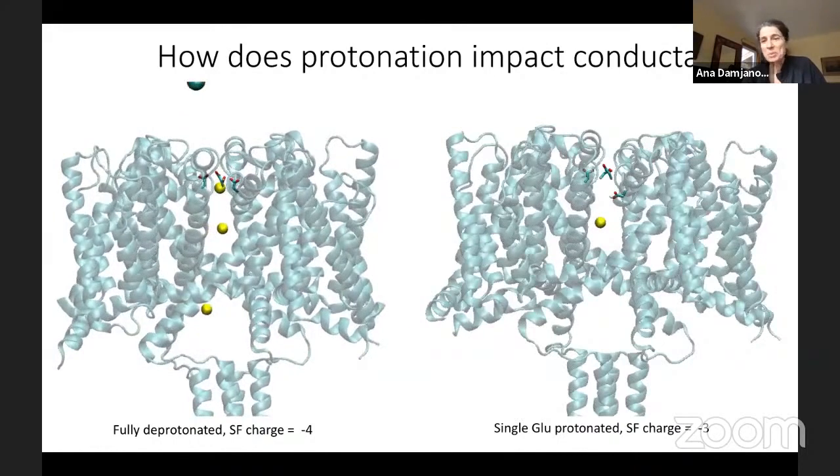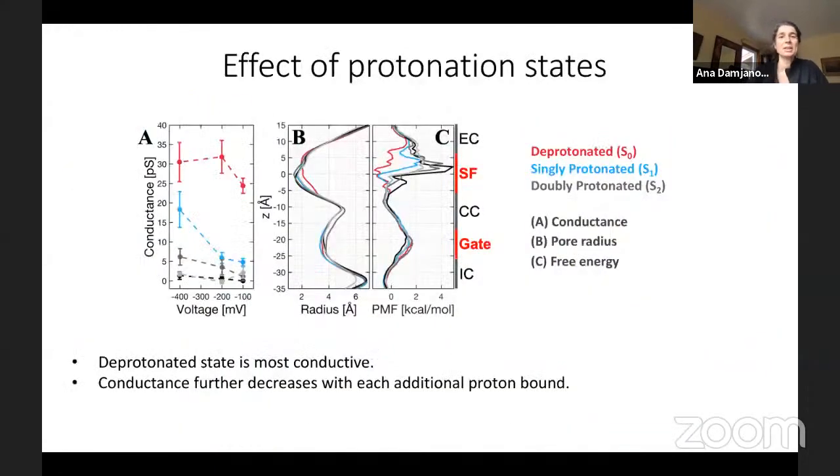So then we wanted to quantify this. So these are the results again for conductance for different protonation states. In red is the fully deprotonated, so that's the highest conductance. These are actually the numbers that you've already seen before. And then these are new numbers, singly protonated in blue, and then these are doubly protonated. And for the gate, the radius is not affected a lot.